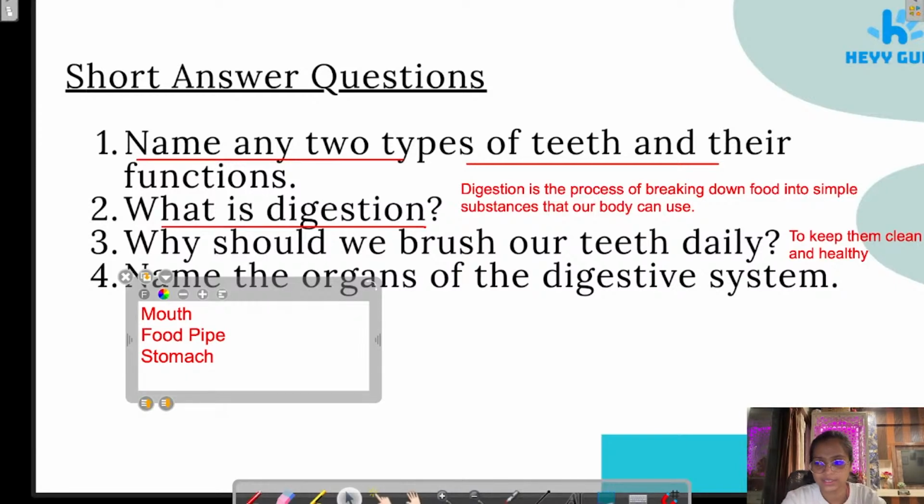Then large intestine, yes. Then small intestine.